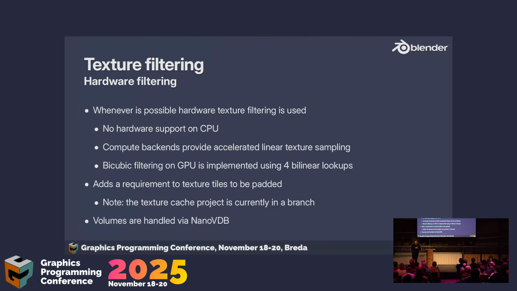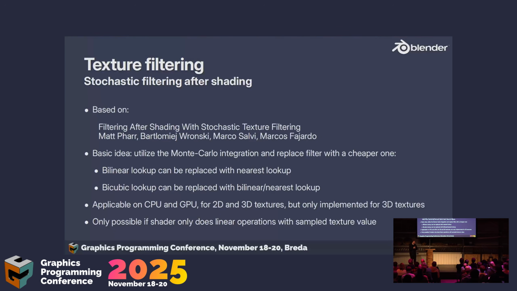And for 3D volumes, we use the NanoVDB library, which is a header-only implementation of an algorithm that interprets and reads OpenVDB grids. There are a couple of tricks we do to speed up the filtering, especially for the 3D case, as explained in more detail in the paper you can see on the slide.